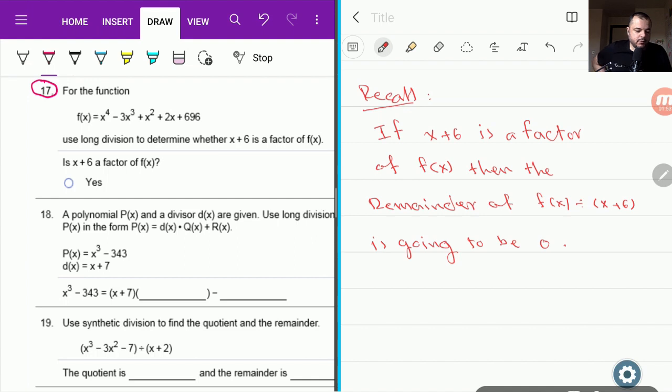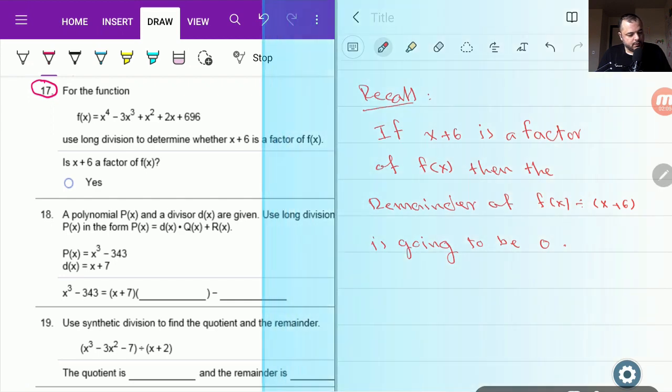So if this is a factor, when you divide them, if you get a remainder of 0, then this is a factor. Otherwise, it's not going to be a factor. So we have to perform the long division.